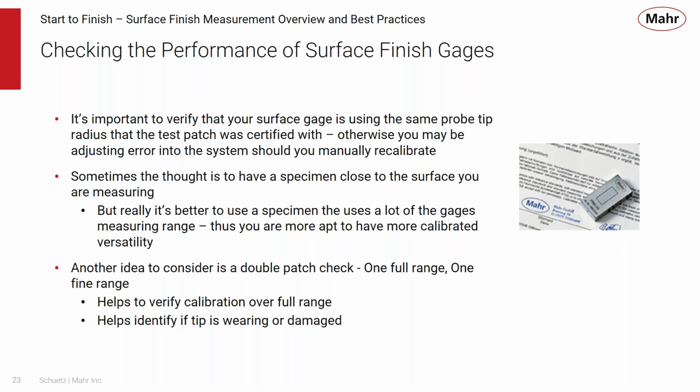Another idea is to consider a double patch check, one for full range and then one for fine range. This helps to calibrate the system over its full range, but also can help to identify if the tip is wearing or becoming damaged over time. So again, something to consider for checking the performance of surface finish gauges.